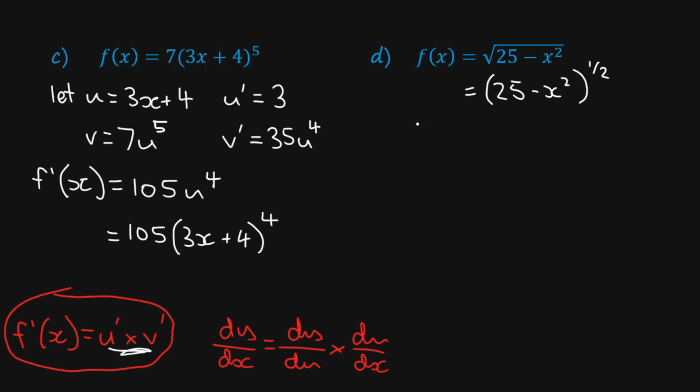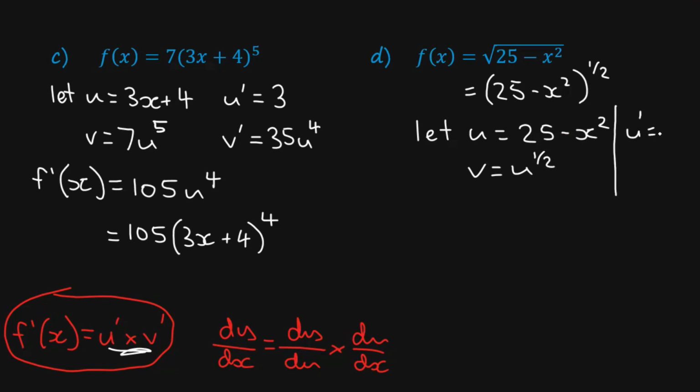So now what I can do is I can let u equal my inner function. So it's going to be 25 minus x squared, like that. And then v is going to equal u to the power of a half. Okay, so I'll put that there so it's maybe a little bit clearer.